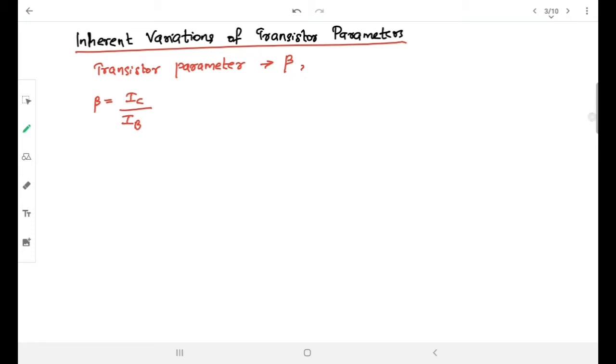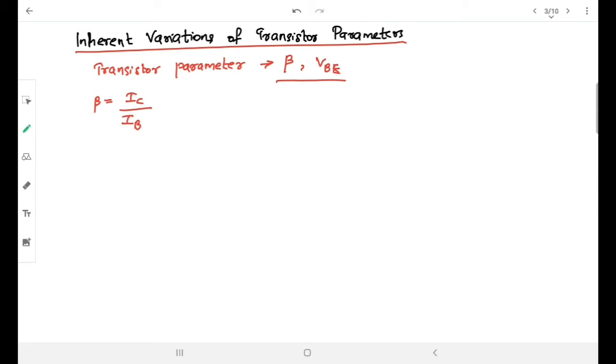Beta is one of the transistor parameters, and another parameter is VBE. VBE is the base emitter voltage, or the voltage across the base emitter junction. In practical cases, these two transistor parameters, beta and VBE, are not the same for every transistor, even of the same type.